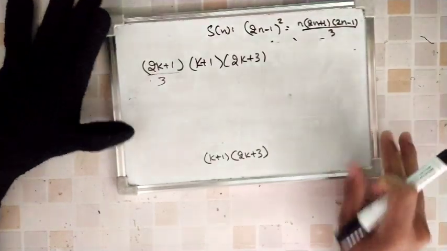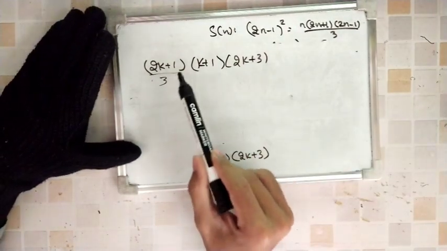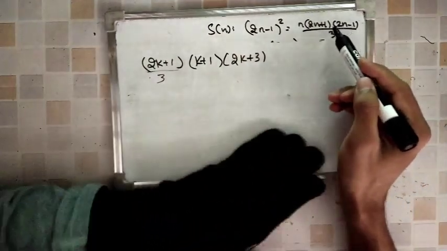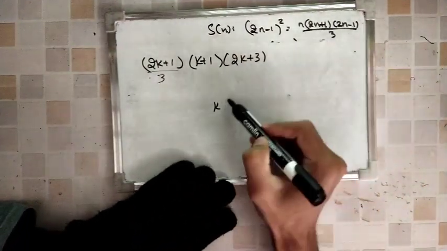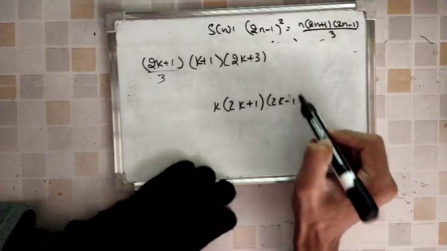Now if you see here, in the beginning I showed you, this is the actual term which I wanted. I will show you how. From this I will write k into 2k plus 1 into 2k minus 1 whole by 3.